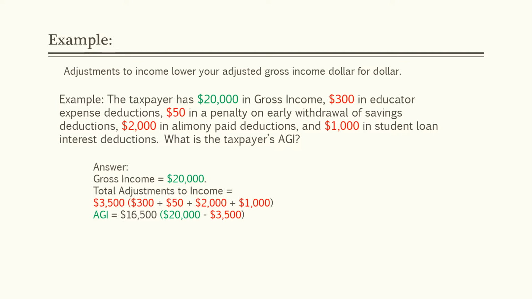What is the taxpayer's adjusted gross income? So in this case, we will take the $20,000 gross income and deduct from it the $3,500, which is the total of the adjustments, and we will get an adjusted gross income of $16,500.